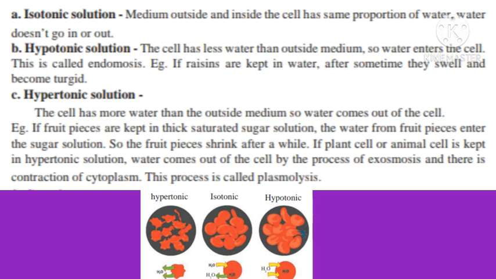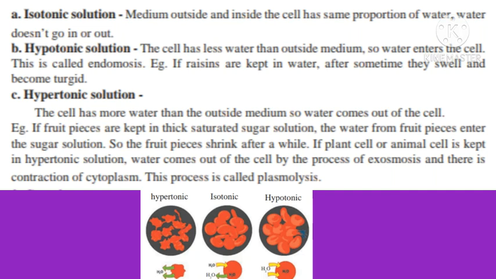Third one, hypertonic solution. The cell has more water than the outside medium, so water comes out of the cell. Example, if fruit pieces are kept in thick saturated sugar solution, the water from fruit pieces enters the sugar solution. So the fruit pieces shrink, means they become smaller in size after a while.